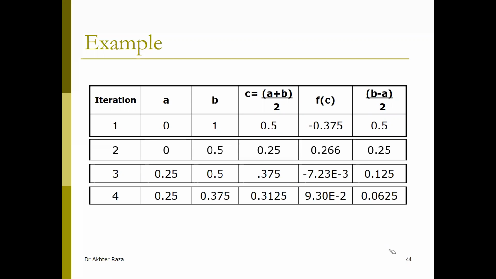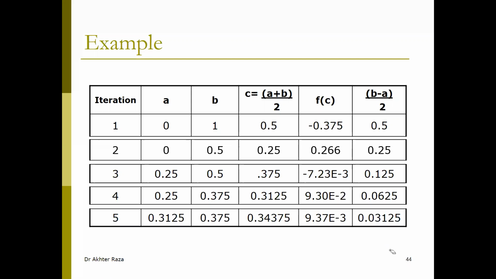Next time, the value is 0.3125, 0.345, and so on. Up to the 5 iterations, the value is 0.345, and the error is becoming smaller. It was 0.5, it was 0.25, it is 0.125. Every time the error is reducing.